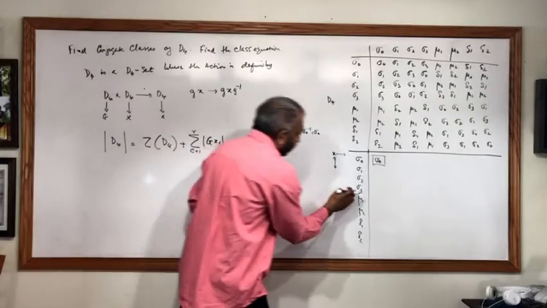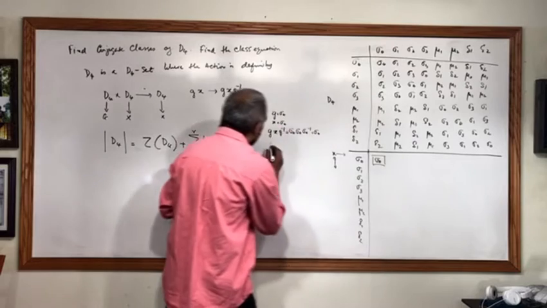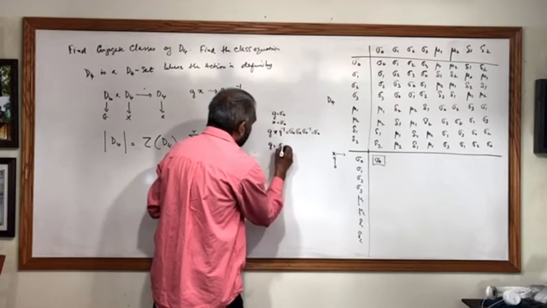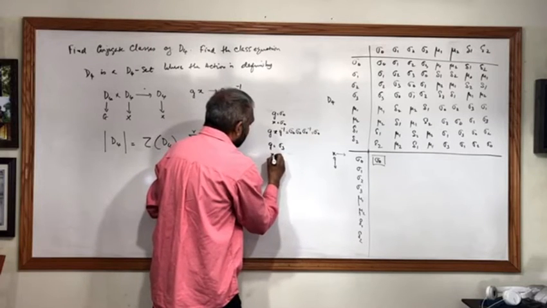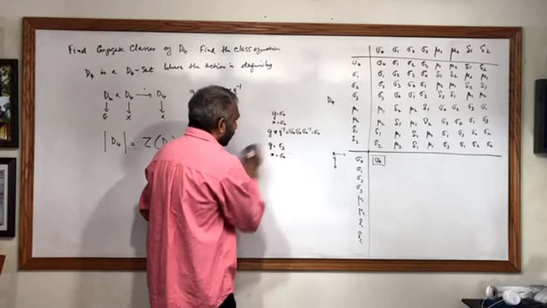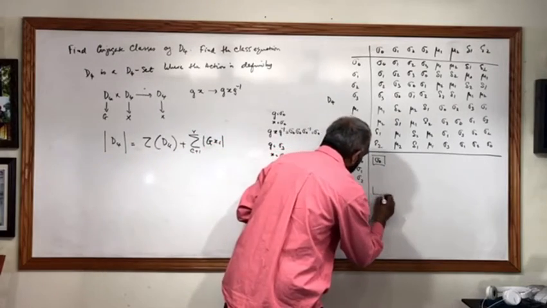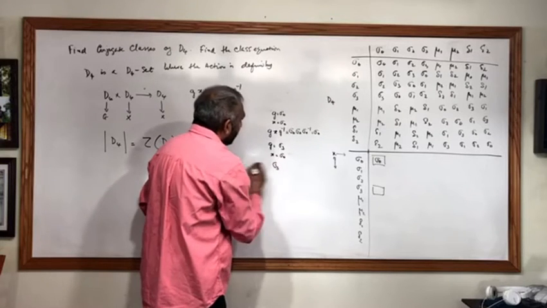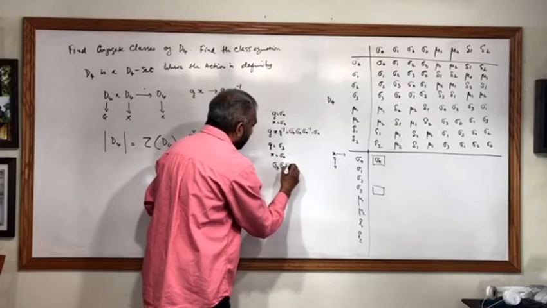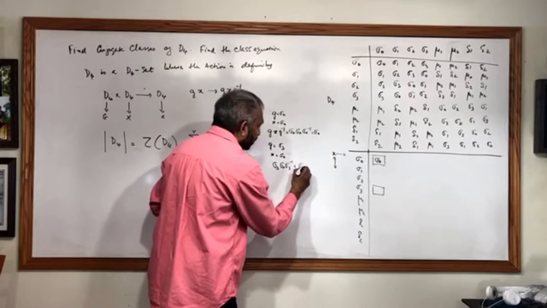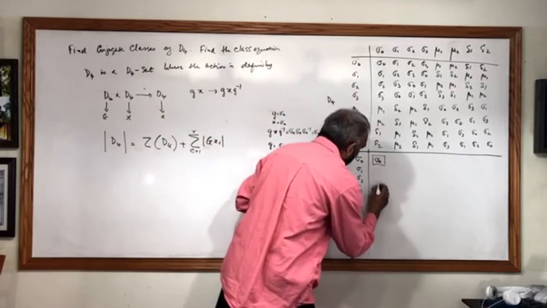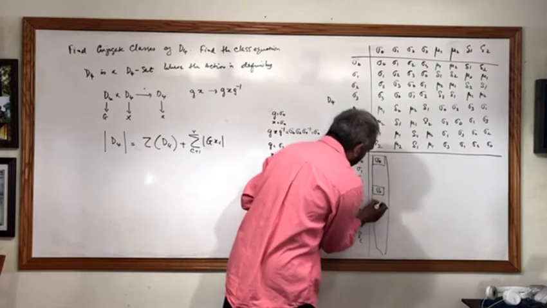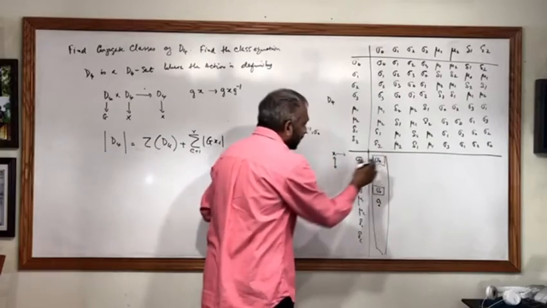We'll compute one more, sigma 3. G is equal to sigma 3, X is equal to sigma 0. So this portion will be sigma 3, sigma 0, sigma 3 inverse, which is again equal to sigma 0. So if you compute this, the whole column will be sigma zeros. So this is one orbit.